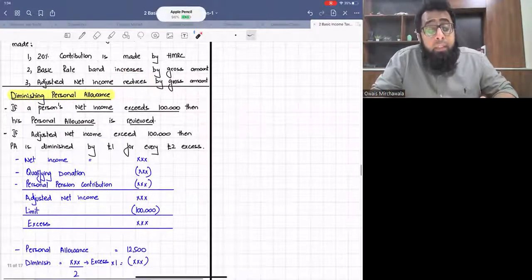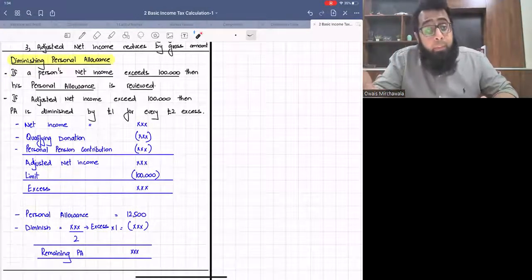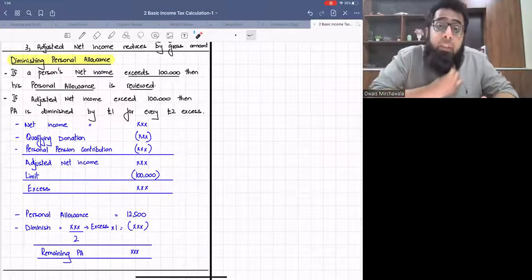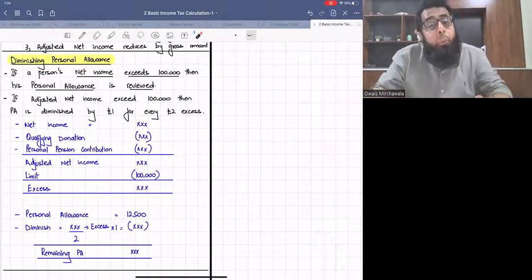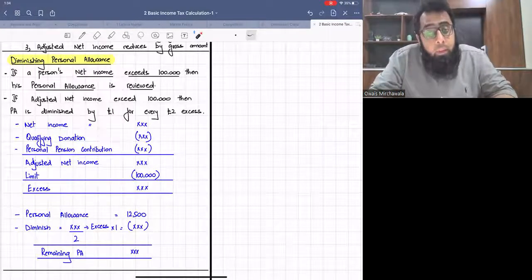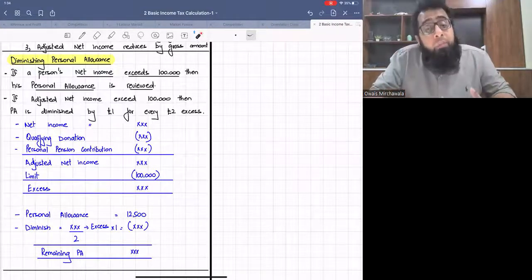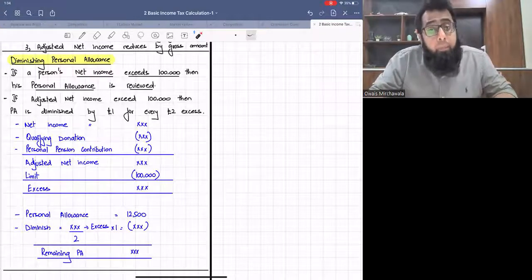The concept is that if a person's net income exceeds 100,000, then his personal allowance is diminished. It is reduced. But it is not reduced by the value of net income. We first convert the net income into adjusted net income.